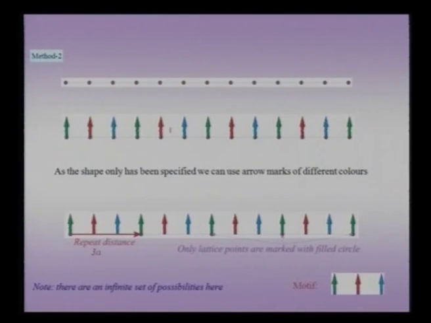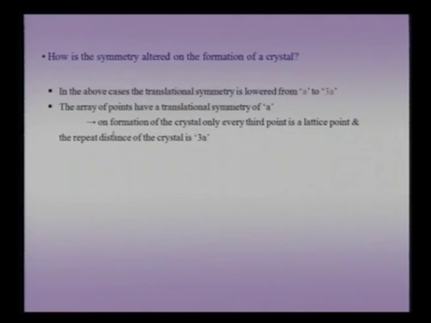The second sub-lattice would have its origin shifted at a distance A from the original lattice, and that subcrystal would be completely populated only with red arrows, and the third subcrystal would be populated with blue arrows, but its origin would be shifted at distance 2A from the original or green lattice. Therefore, this is an additional example to show you that the concept of sub-lattice can be applied to understand such kinds of ordered crystals.